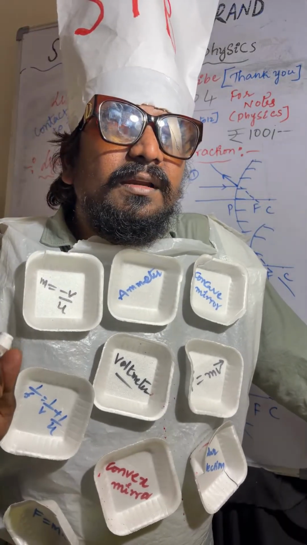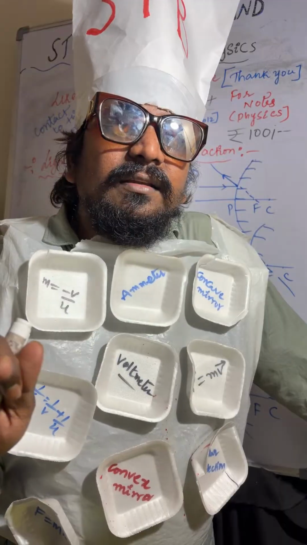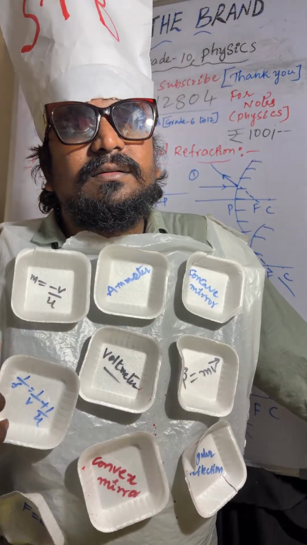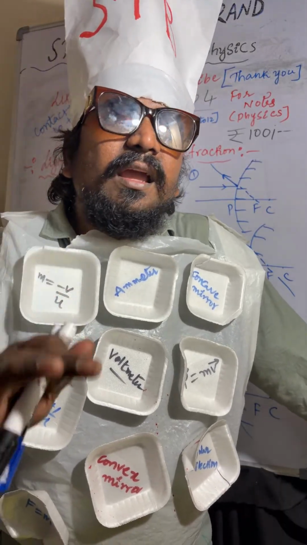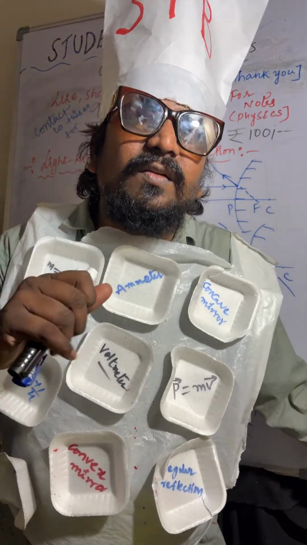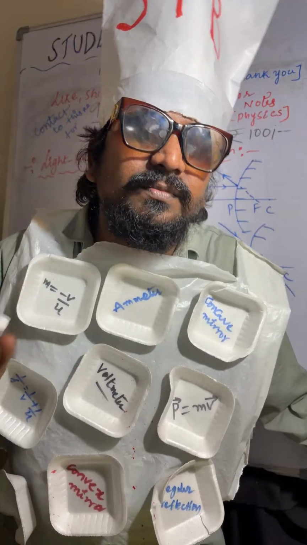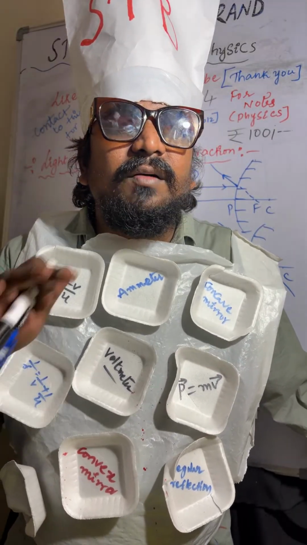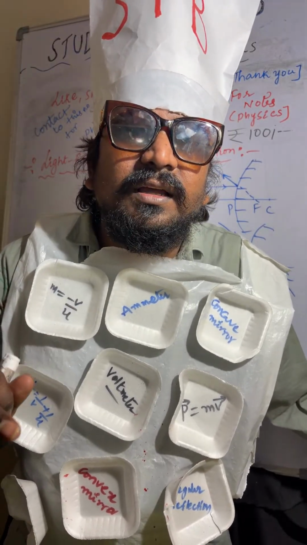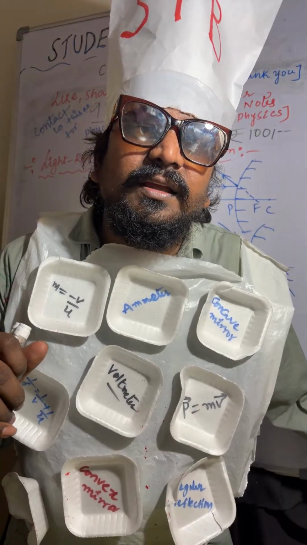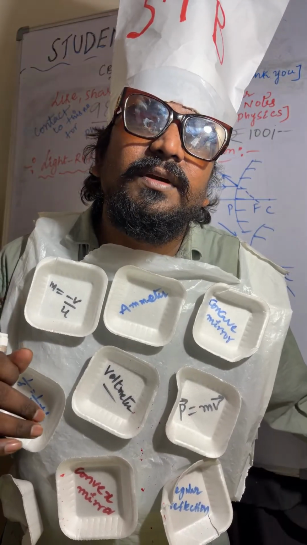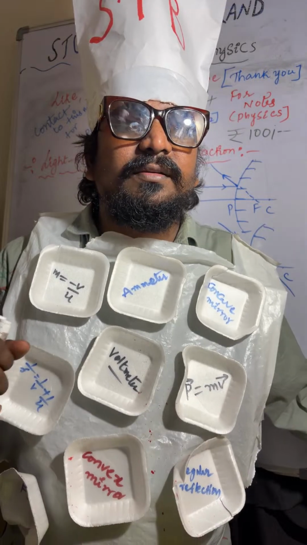And fourth, a light ray incident at the pole reflects back. So these are the ray rules of concave mirror and convex mirror. Now we will discuss image formation by concave mirror.